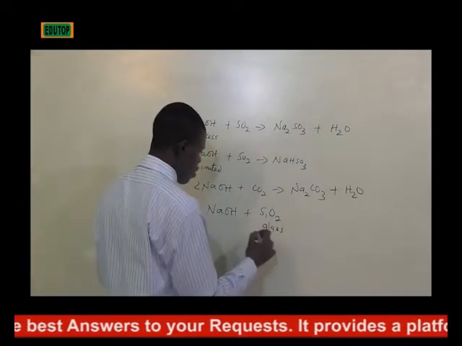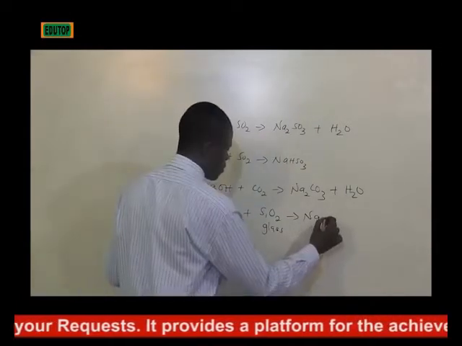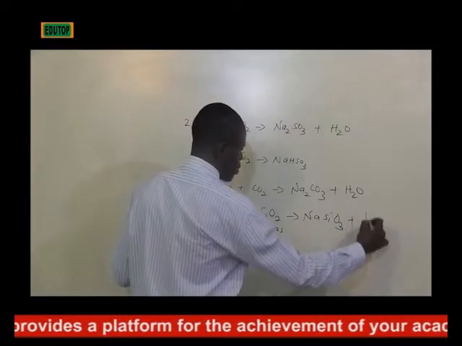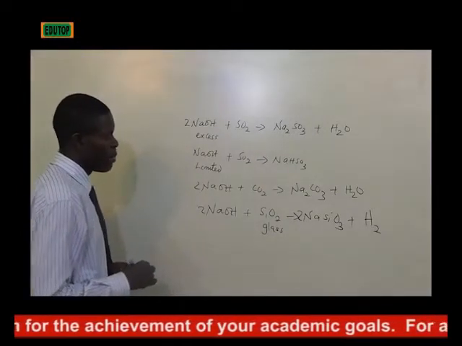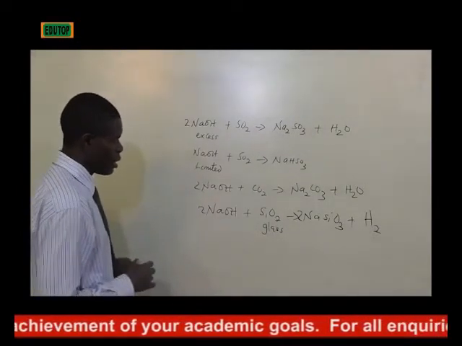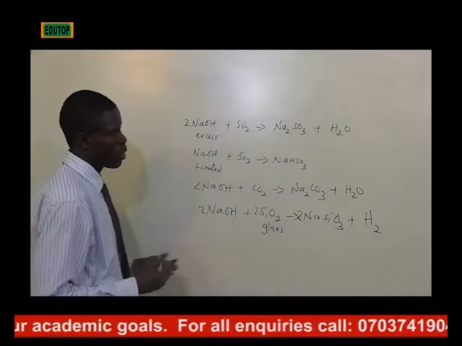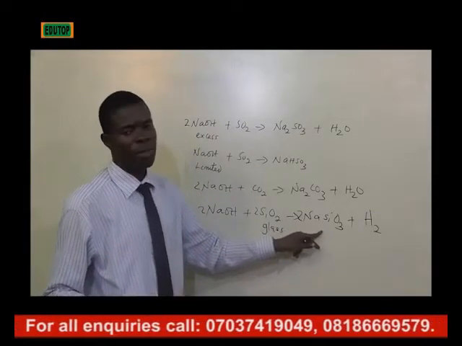So it attacks silicon 4 oxide to form sodium silicates and liberates hydrogen. And hydrogen becomes liberated in the process. So it reacts with glass to form this compound.